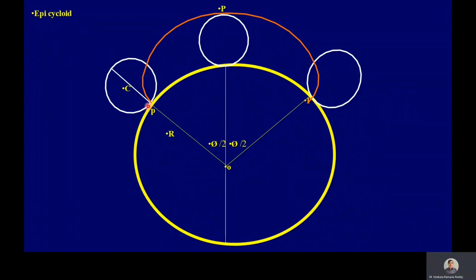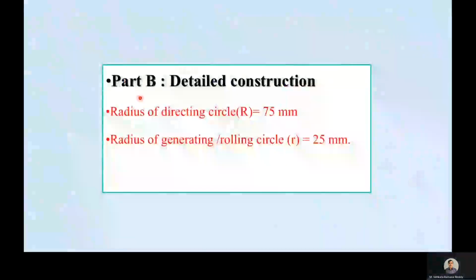For one complete revolution on this directing circle, point P is traced out in the form of this particular curve. This shape is called epicycloid. That's about the brief summary of the construction of epicycloid.